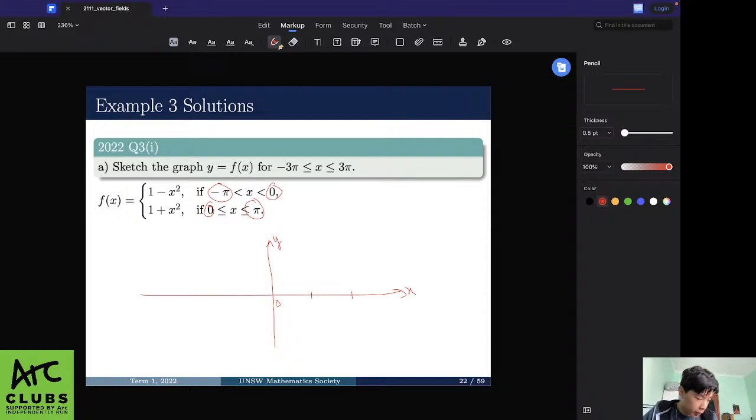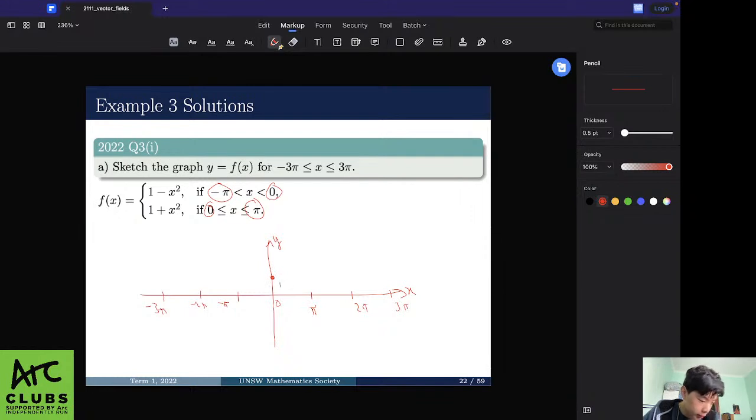Maybe you want π to be here, 2π here, and 3π here. So we have π, 2π, 3π, minus π, minus 2π, minus 3π. Now we can just look at our critical points. The first one I might look at is 0 because it's pretty easy. For each branch, if you put in 0, you get 1.